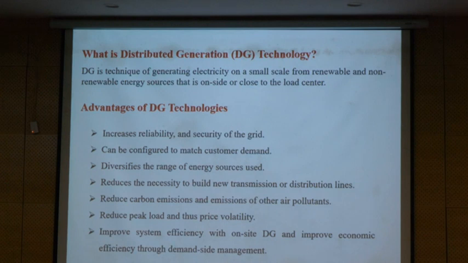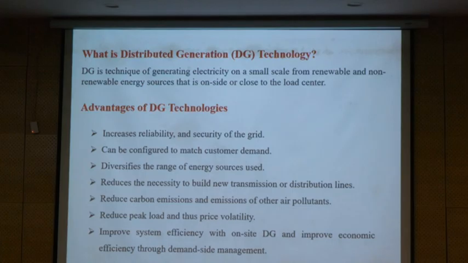But with this technology, you can use this model. This is the grid, this is your load, and a converter can be connected to your load. So reactive power can be compensated by this DG source, and active power can be supplied by the grid. So you can easily handle this problem.